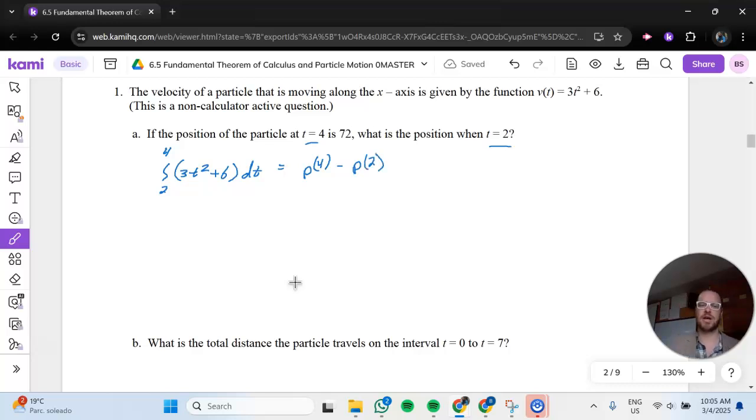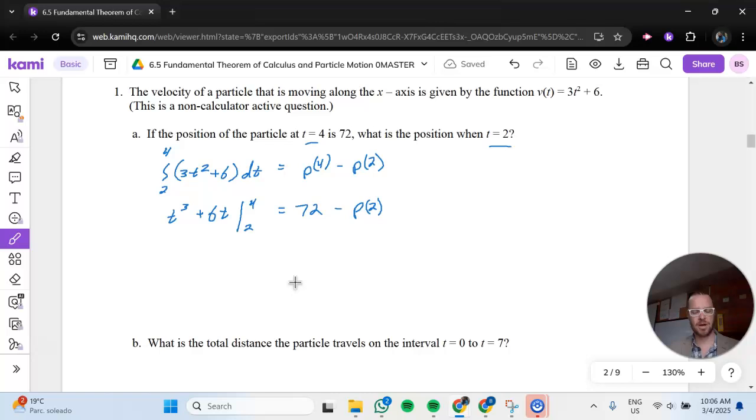So now we can go ahead and work out what some of these things are. This is the harder part over here. That's going to be t cubed over 3, and of course the 3's will cancel, plus 6t. And then technically plus c, but I'm not going to bother writing plus c because we're going to be evaluating it from 2 to 4, which means that the c is going to cancel out anyway. And that's going to be equal to p(4), which they told us is 72, minus p(2), the thing we're looking for.